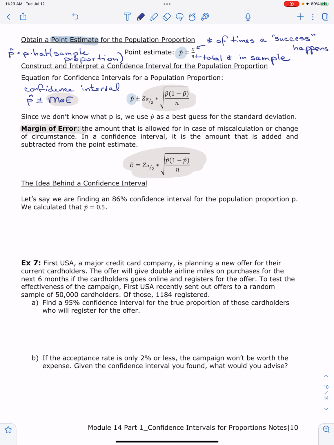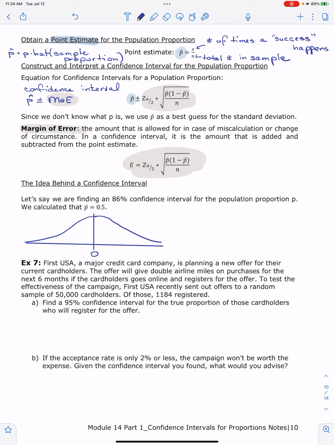So let's talk about alpha and alpha over 2 and what this means in terms of what we know about the normal distribution. Okay? Suppose we have a p hat of 0.5. Okay? I could find the standard deviation if I knew the sample size. I don't. But keep in mind, when we standardize our normal distribution, we get a mean of 0 with a standard deviation of 1.